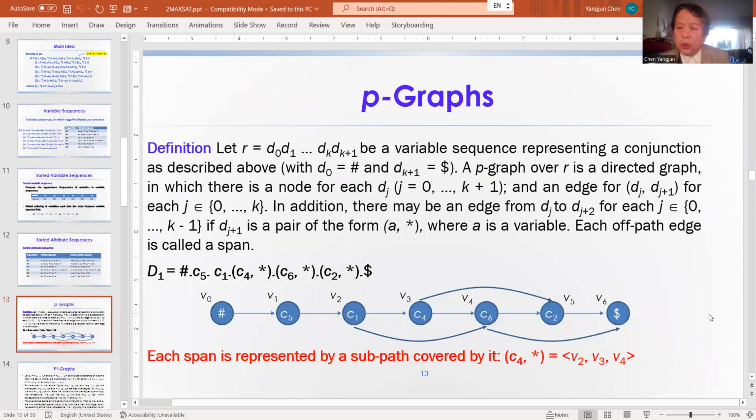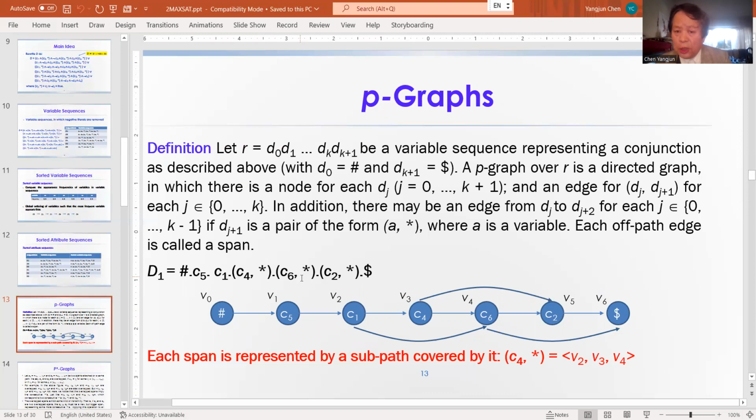Now we are able to construct a graph structure called P-graph for each conjunction like this. In this P-graph, we have a path going through every variable in the corresponding conjunction. In addition, for each star notation, we'll have a spine like this. For example, for this star notation, we have a spine like this.